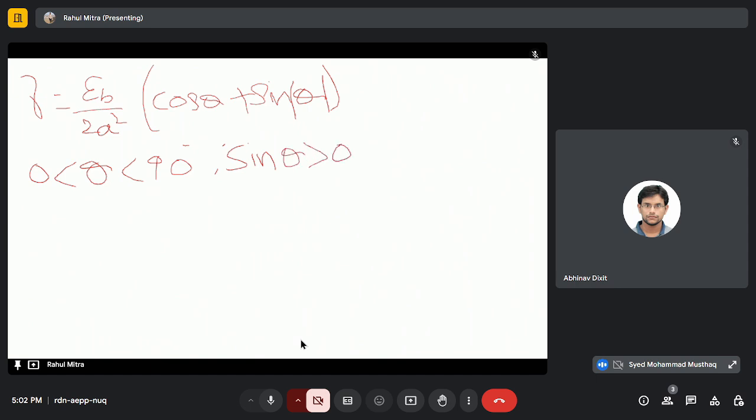If theta varies from 0 to 180, then sin theta will be negative.